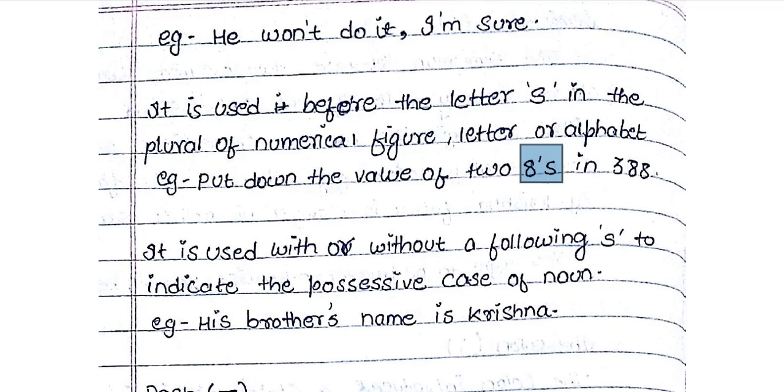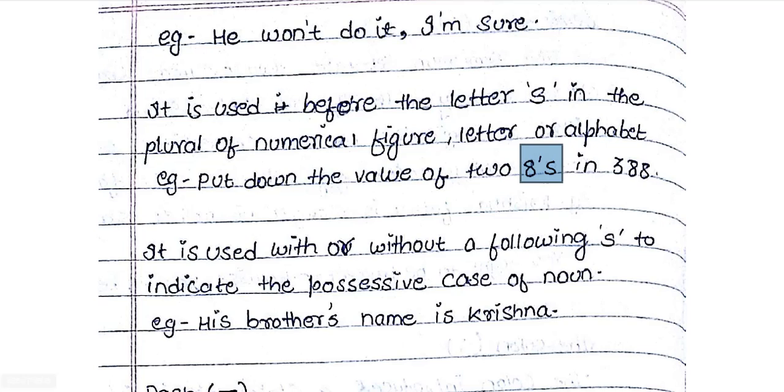Another use of apostrophe is that it is used with or without a following s to indicate the possessive case of a noun. Possessive case means that something belongs to some person, thing, like that. So to denote that belongingness, apostrophe is used with or without s.